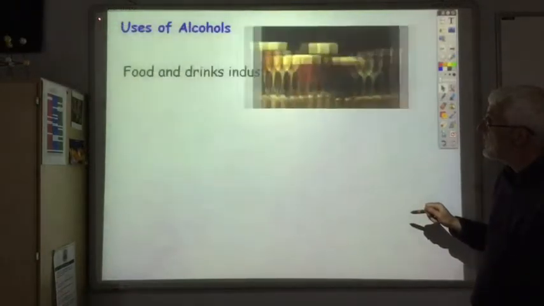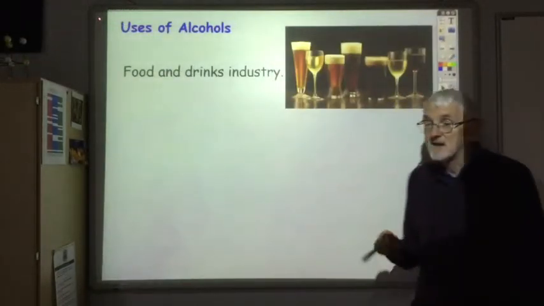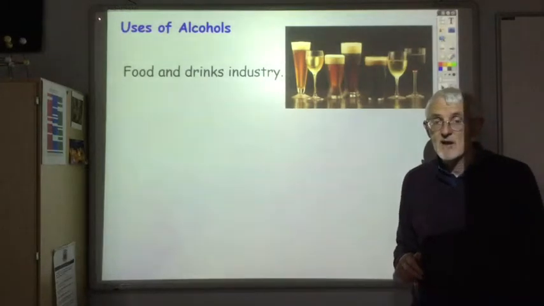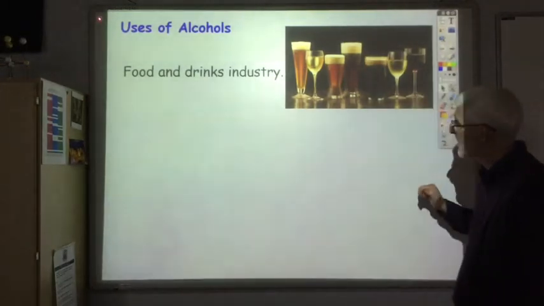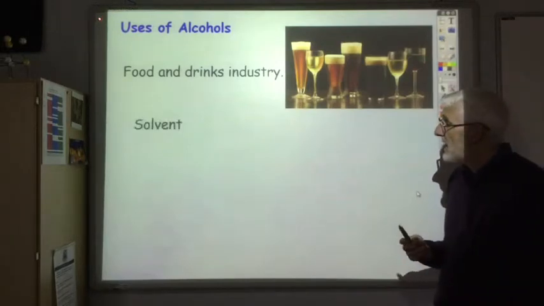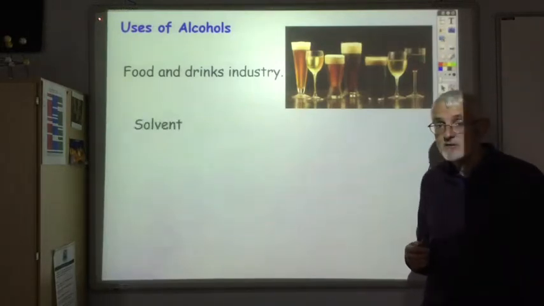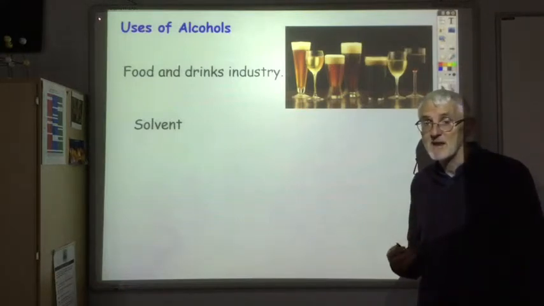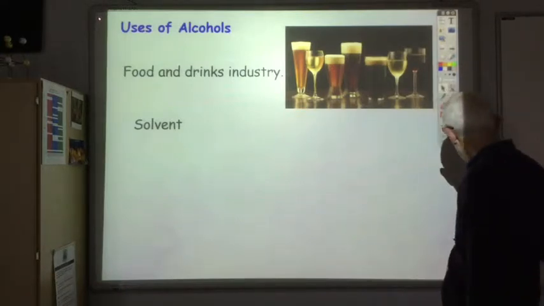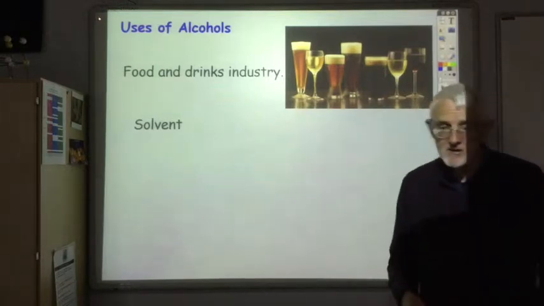Well, obviously alcohols are used extensively in the food and drink industry. Of course, there really we're just talking about ethanol. But industrially, alcohols are used quite a lot as solvents because they dissolve a lot of substances that water doesn't dissolve. So let me give you a quick demonstration of that.